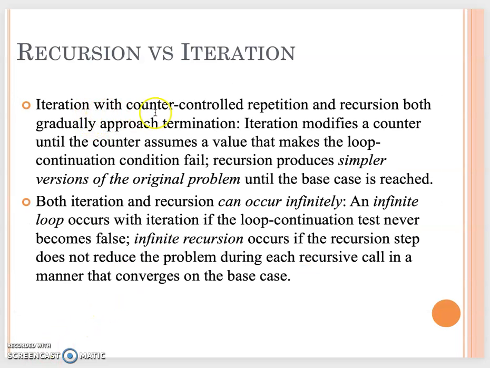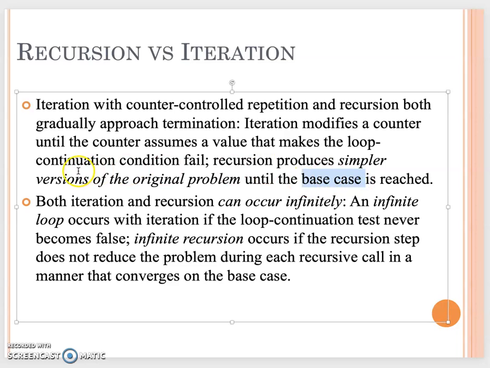Iteration uses counter control for the for loop or while loop. Both approaches involve termination. Iteration modifies a counter until the counter gets a value that makes the loop condition fail. The recursive function produces a similar, smaller version of the original problem until the base case is reached.